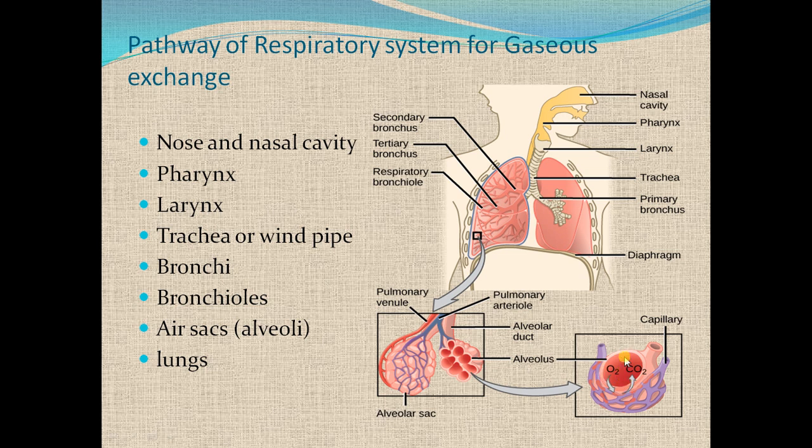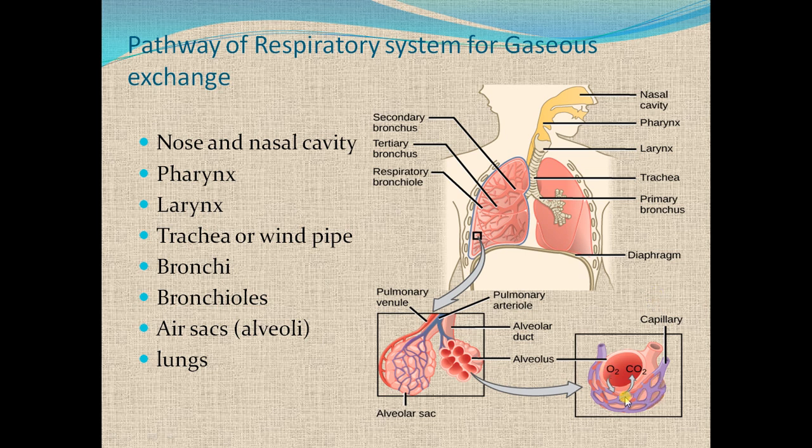Now in alveoli, exchange of gases occurs between alveoli and blood capillaries. Oxygen enters the blood capillaries, and then that blood is transferred to the heart, and the heart distributes it to each and every cell of the body through the circulatory system.